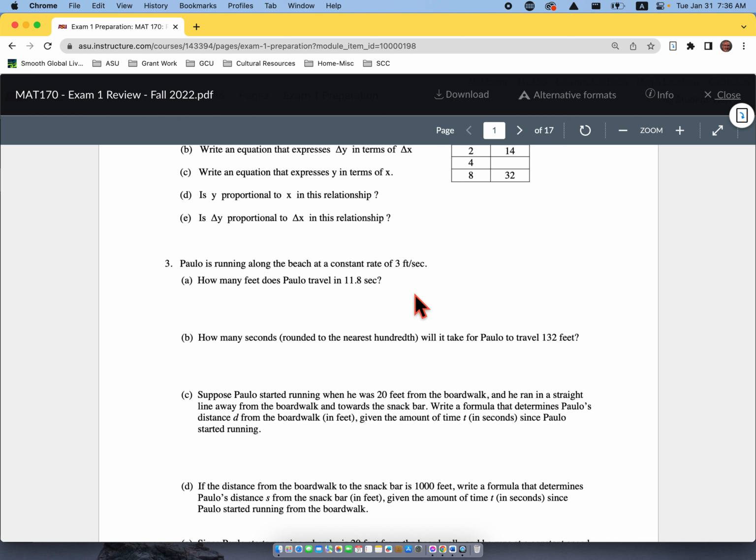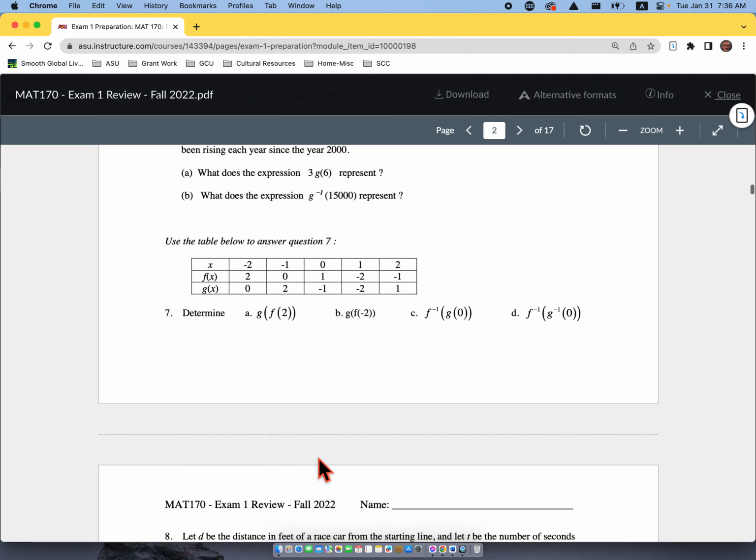And so we'll work a few of these, but notice this has multiple parts, so it's much like the explorations. But again, if you've gone through the homework, none of this should be surprising. It should be very similar, but it will help you get through it.